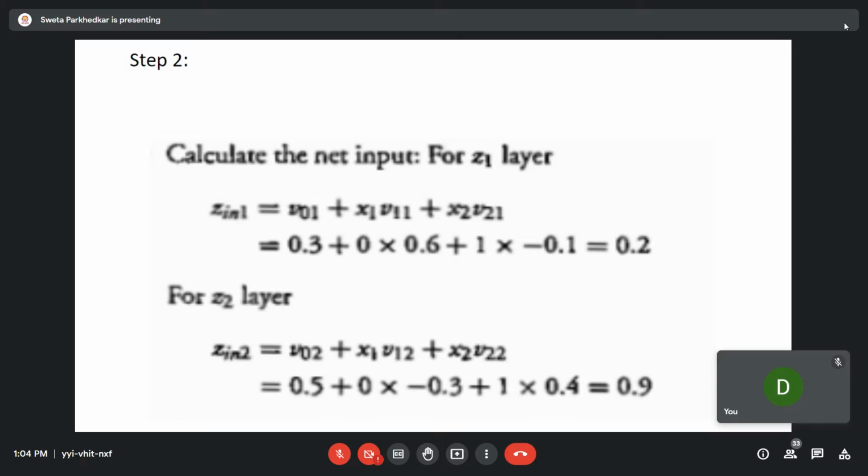You can see this X1 and X2 is already given as an input sample, and the target is y equals to 1, right? T equals to 1.